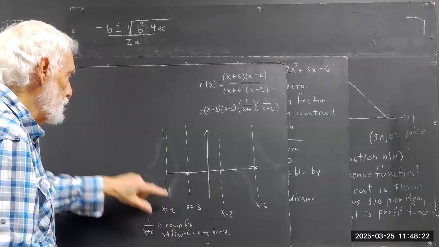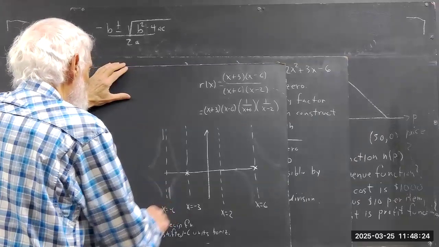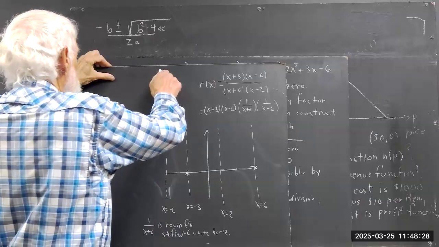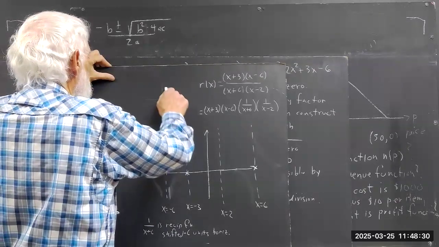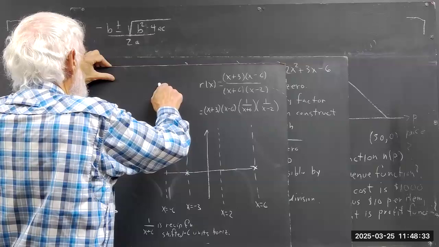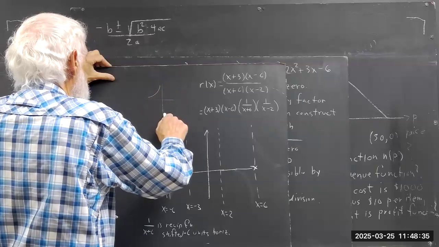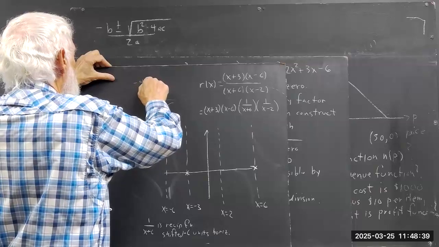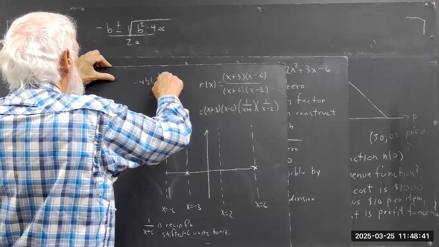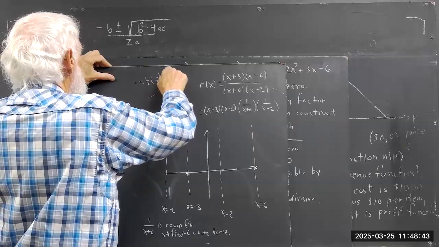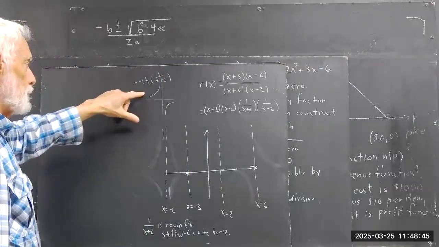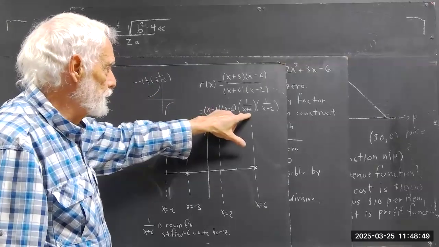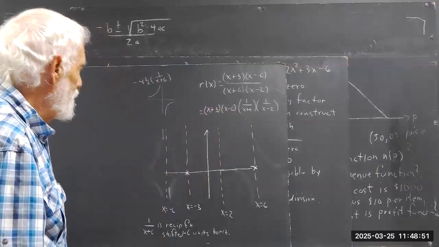It probably looks something like this. That's just the steep part of the 1 over x plus 6 graph. So we kind of draw -4.5 times 1 over x plus 6. That's about what this function is going to be at this point.